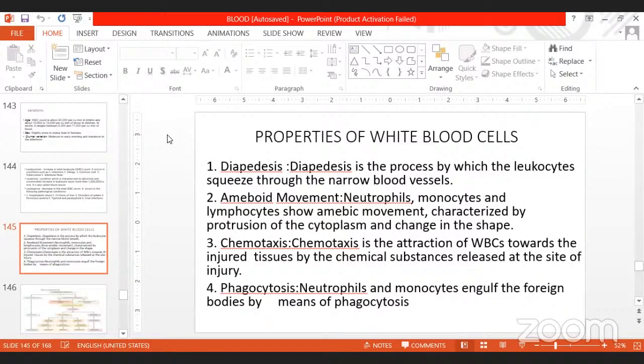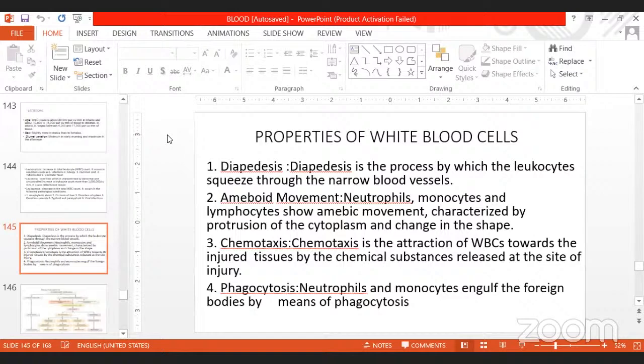Whenever there is an emergency, the WBCs squeeze through the minute capillaries to reach that particular area. Next is amoeboid movement. Neutrophils, monocytes, and lymphocytes show movements like protrusion of the cytoplasm and change in shape, and slowly move to that particular area.